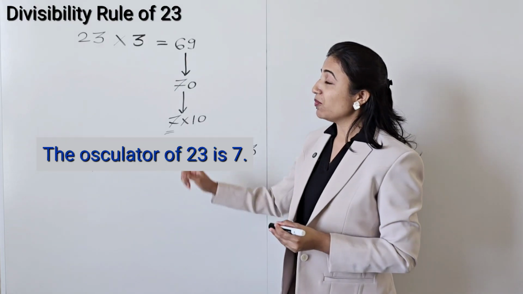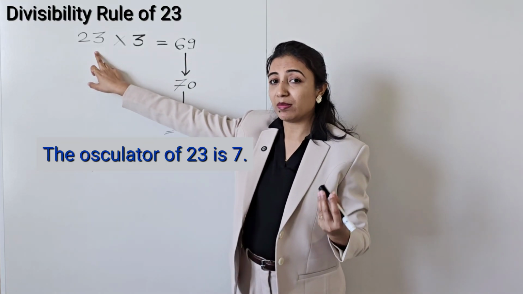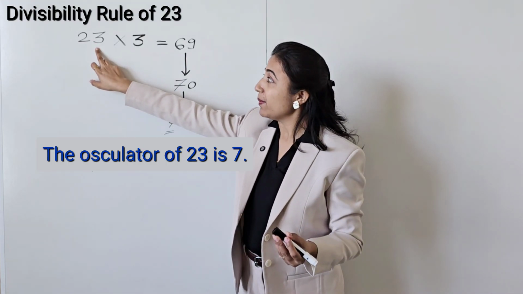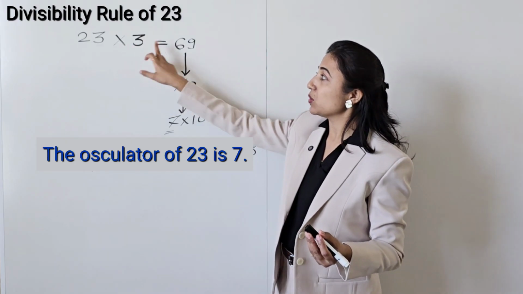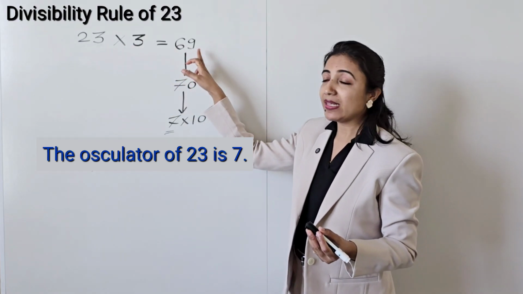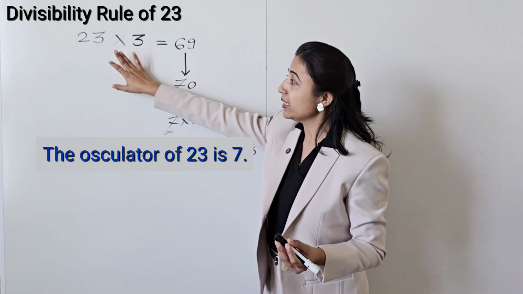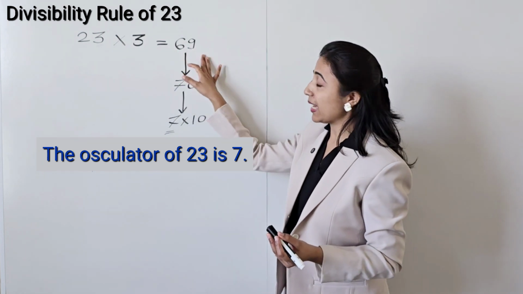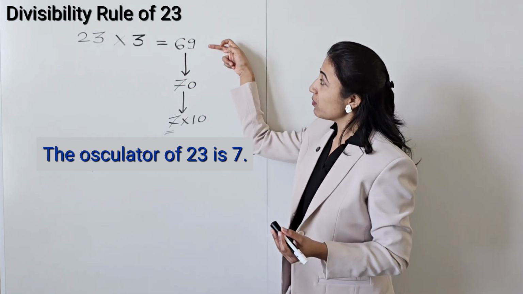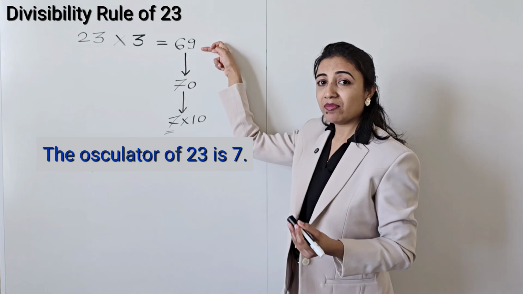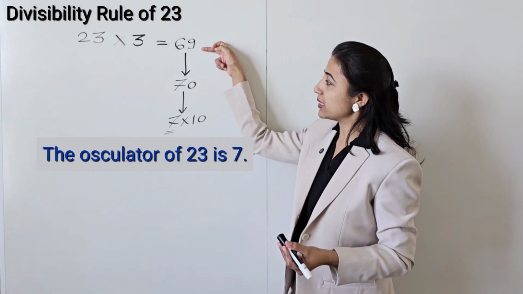So here in the first step, for the divisibility rule for 23, we multiply 23 by the smallest number so that the product will end with 9. That's why I have taken 3 here. 3 into 23 is 69. Next step is we have to check which multiple of 10 is near to this 69.